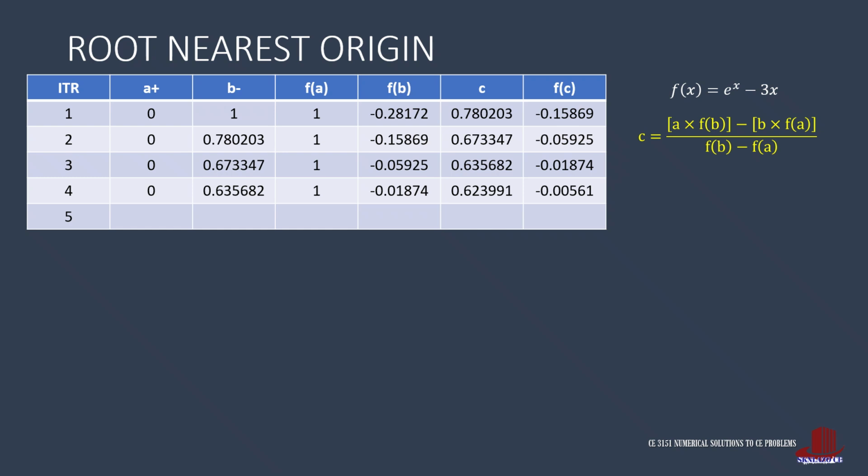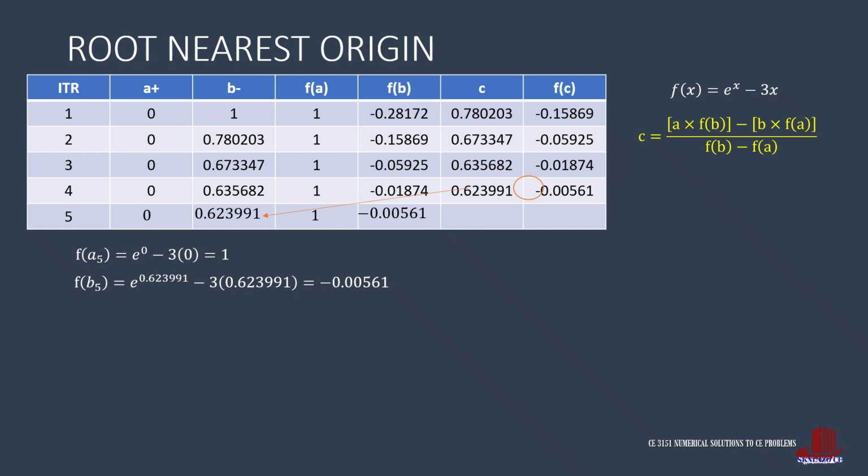To start the fifth iteration, check the sign of f of C. It is still negative, so C replaces B once more. A is retained as 0, and f of A is still 1. F of B is then computed as -0.00561.